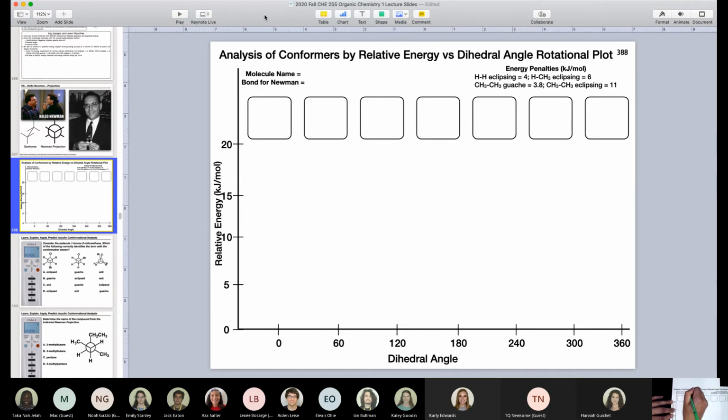Molecule name is butane. There's the structure of butane. Let's look down C2, C3. So our eyeball is looking down carbon 2, carbon 3.